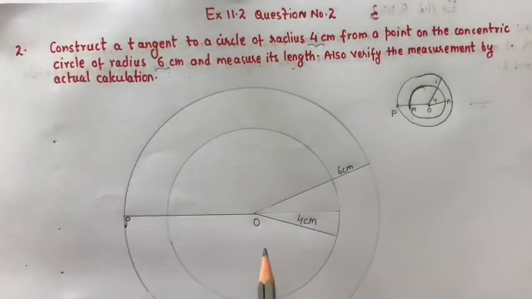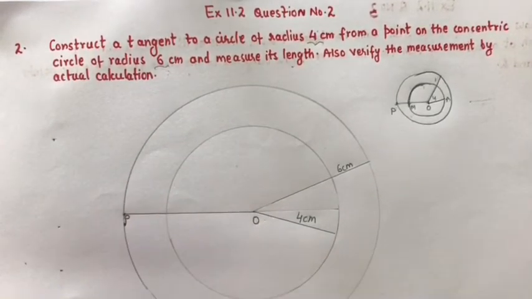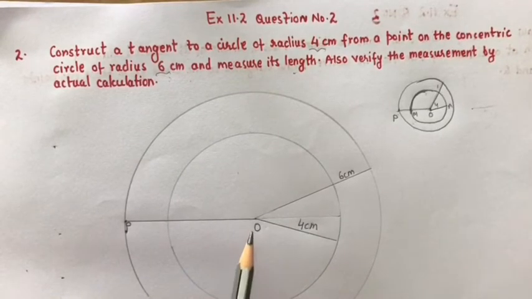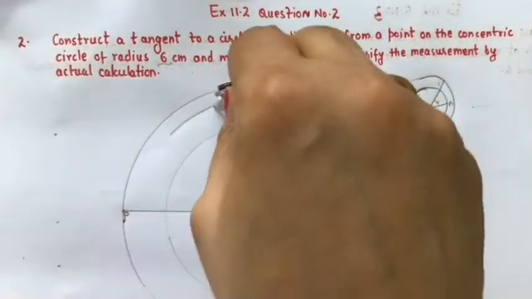So children, now I have joined point O and point P. Next step would be to bisect this line. You remember how to bisect. We'll open more than half.